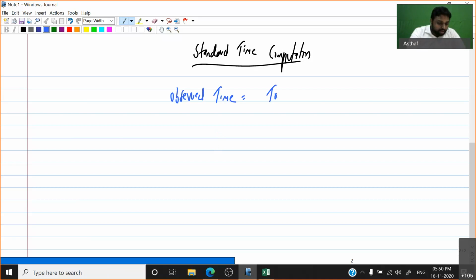That is total time. There will be some time the employee is not on the job at the factory. That will be called idle time. So observed time equals total time minus idle time. So you will get observed time.